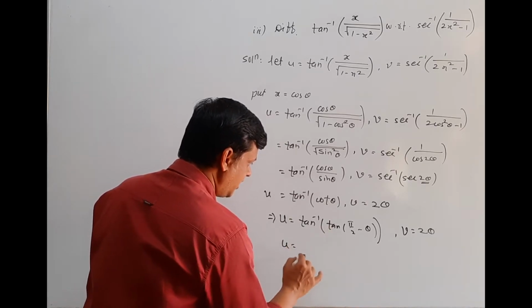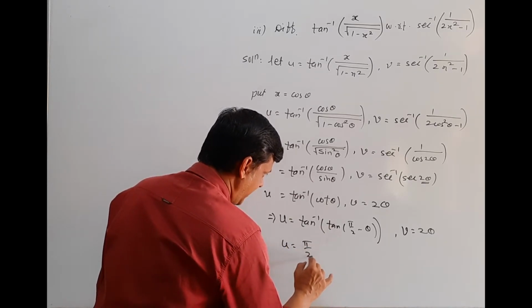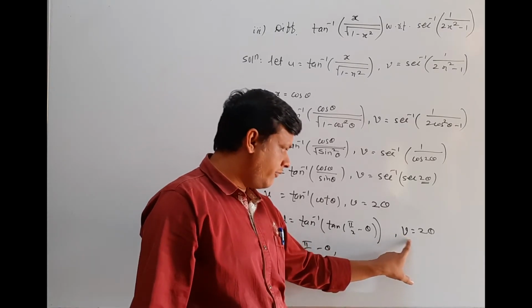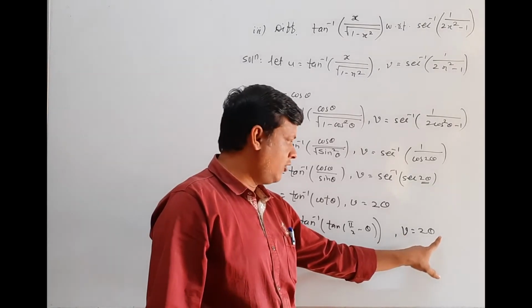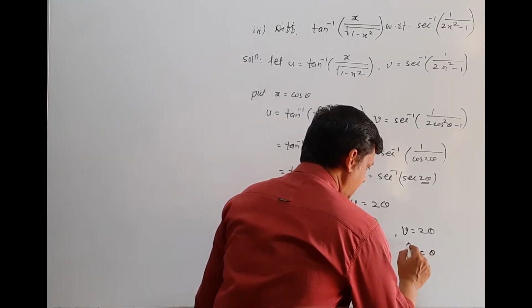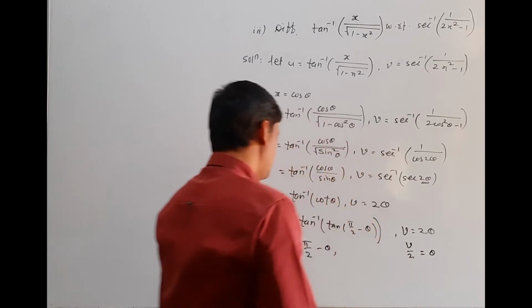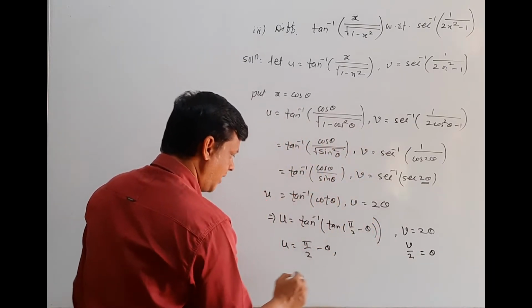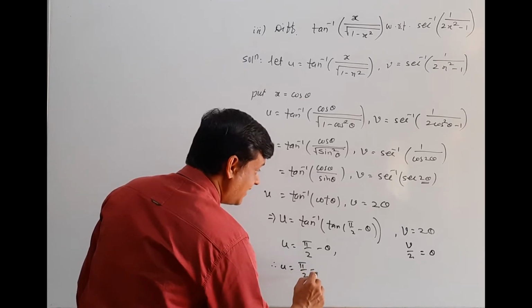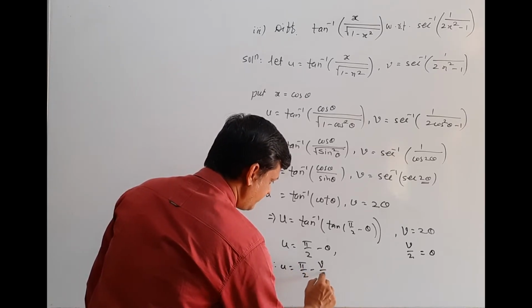We get u is equal to pi by 2 minus theta. From v equals 2 theta, we find the value of theta in terms of v: theta is equal to v by 2. So we replace theta by v by 2. Therefore u is equal to pi by 2 minus v by 2.